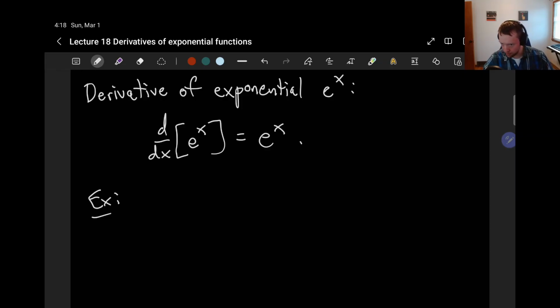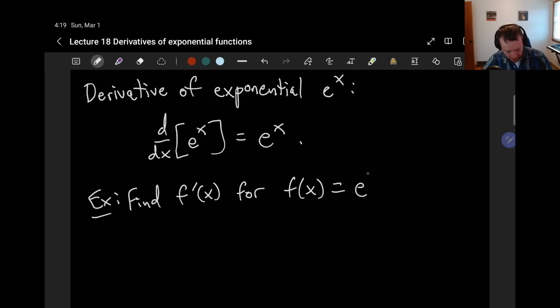But we will make this more complicated by throwing in chain rule. Find f prime of x for f of x equals e to the x to the 4 minus x. So this is chain rule because I have x to the 4 minus x as the input of my e to the x function.